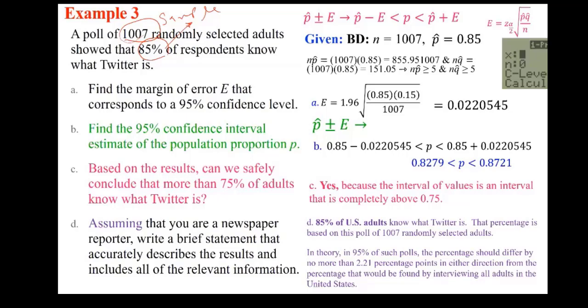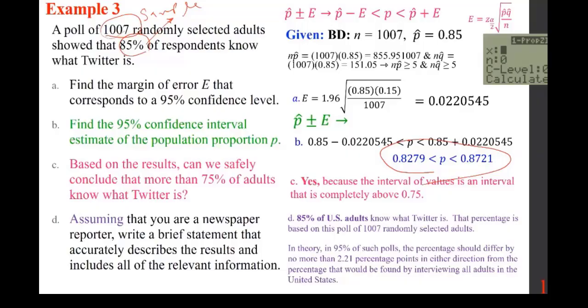There are really two methods of writing it that are correct. This is one, and the other is that we are 95% confident that this interval actually contains the true proportion of adults that know what Twitter is. We are 95% confident that the interval of 82.79% to 87.21% contains it.